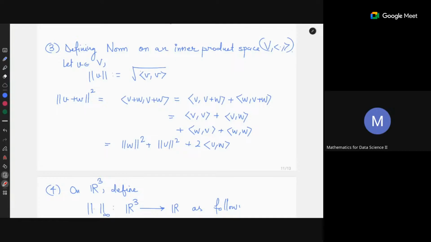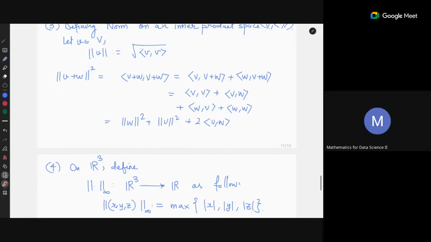But it is not part of your syllabus, so you can skip that part also. I will add this in the notes while uploading, not today, but later. But this will satisfy the triangle inequality. I'm skipping the proof as of now because there are a few things that need to be checked.